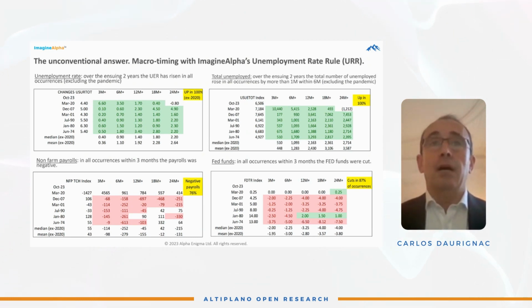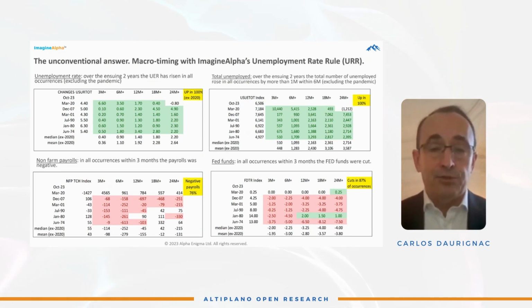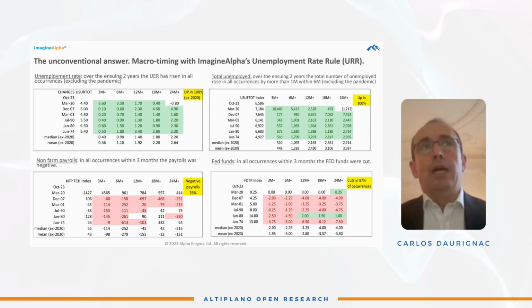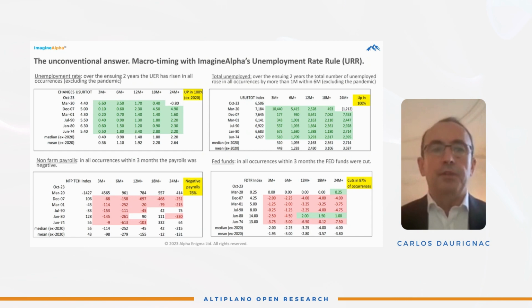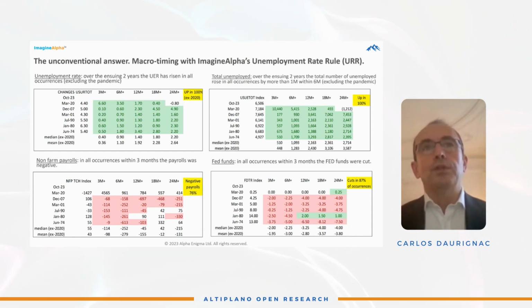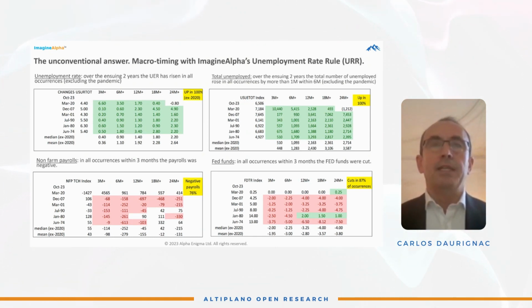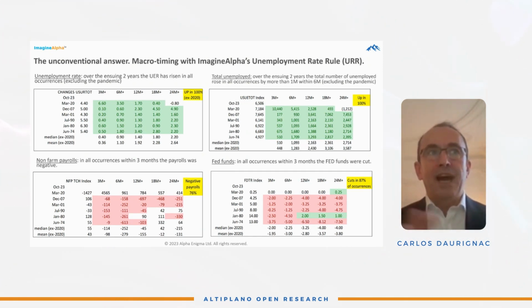Here we have 4 tables. On the top left table, the unemployment rate first, we are measuring the change of the unemployment rate once the rule has been triggered. And we will exclude the March 2020 episode because of the nature of the external shock. So we will focus, and that is what is underlined in yellow, on the results of the other episodes.